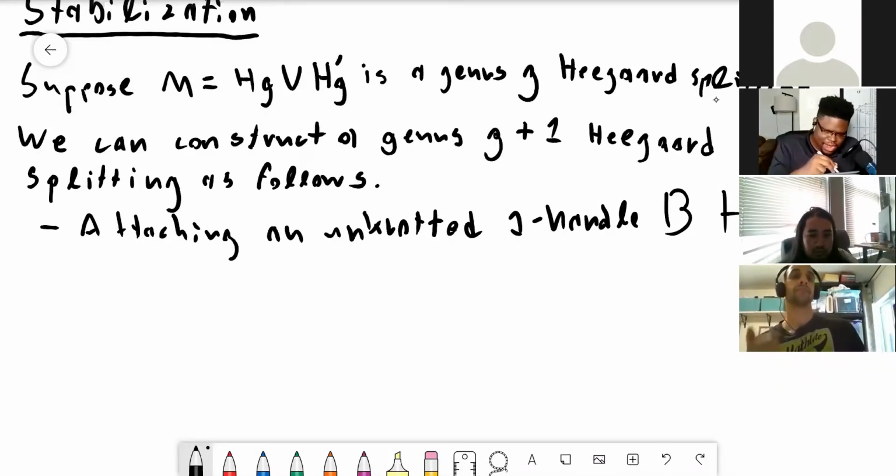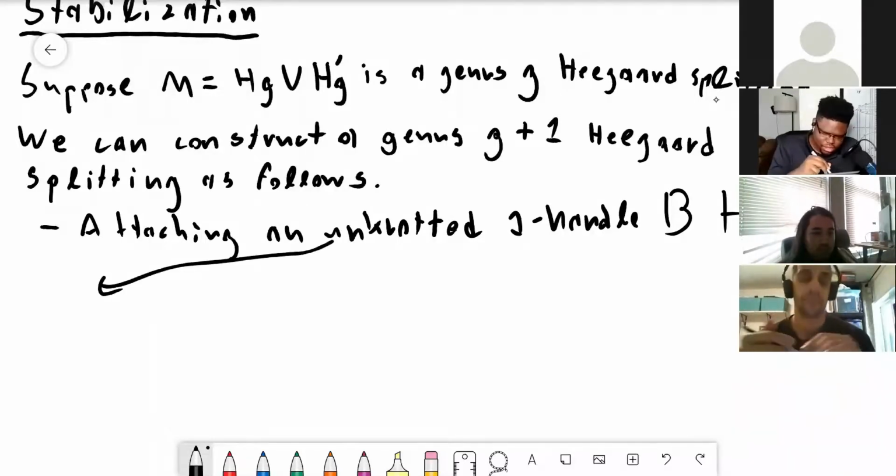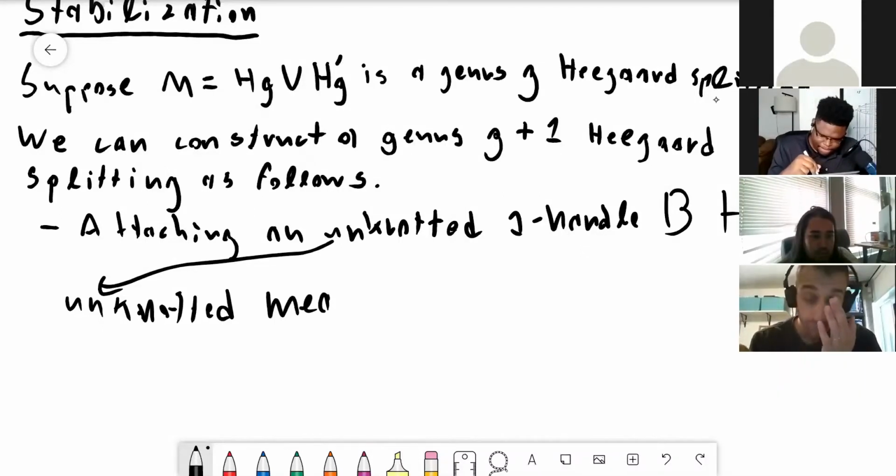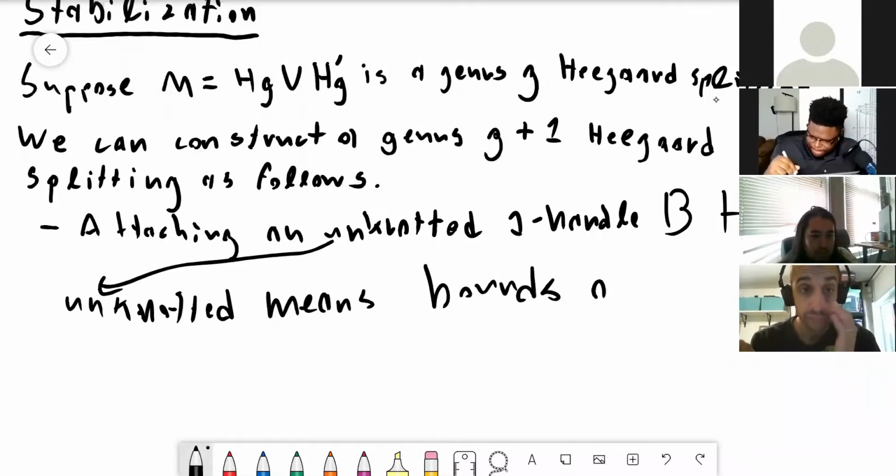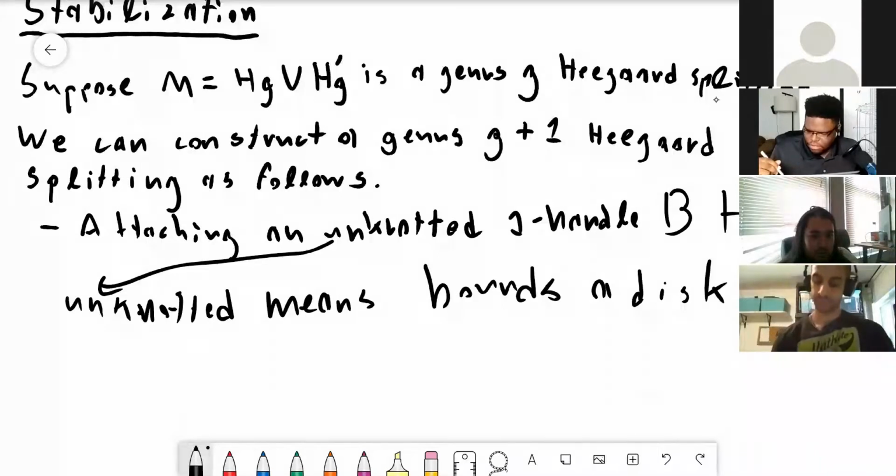And by unknotted, we just mean that it bounds a disk. I just say B union the first handle body bounds a disk, which we're going to call D.